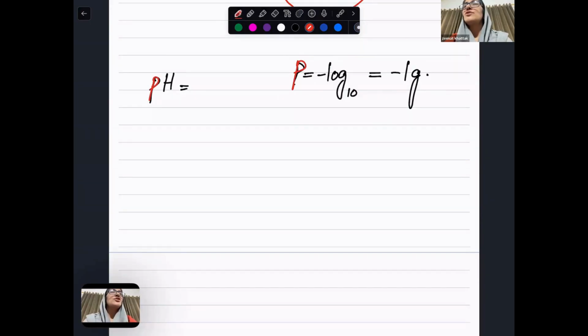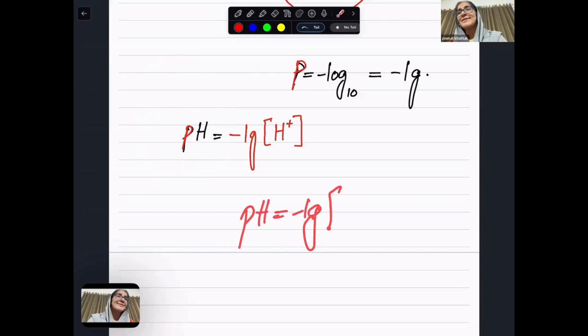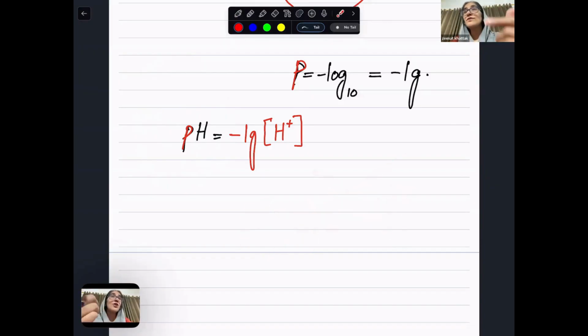So what is pH? pH is the negative log of the concentration of H plus. You know, pH is not the negative log of acid. No, no. It is the negative log of the concentration of H plus. You know what is the meaning of this 10?